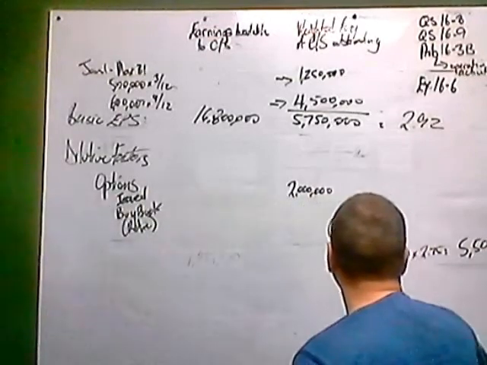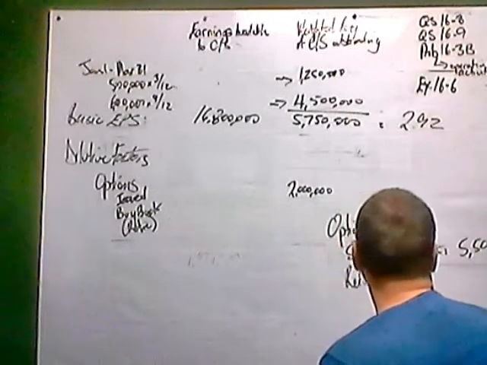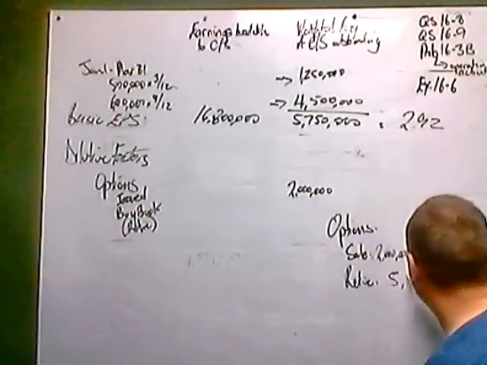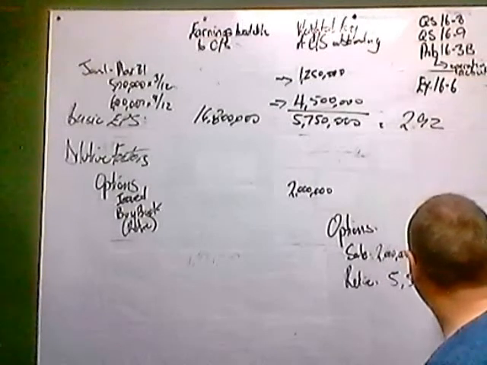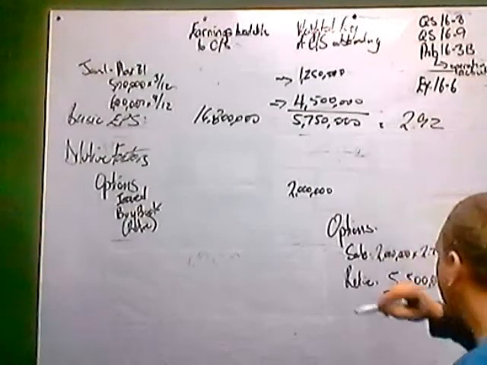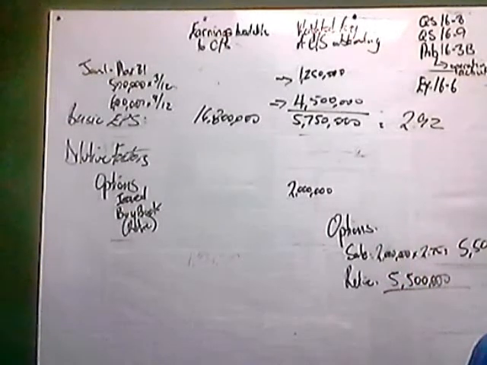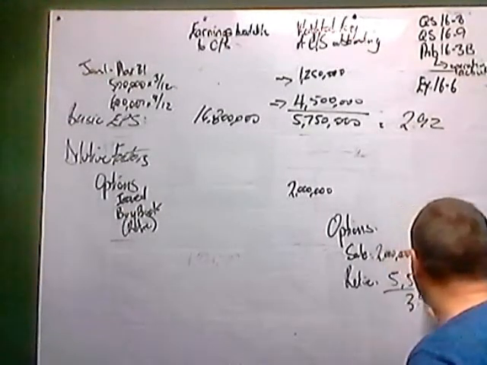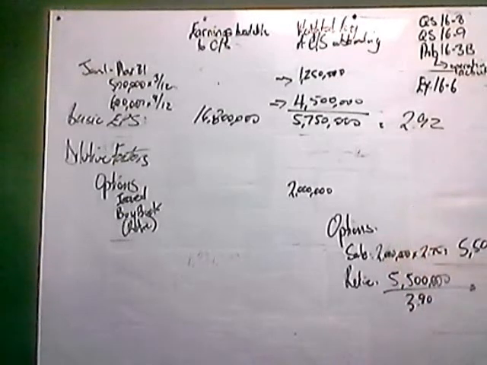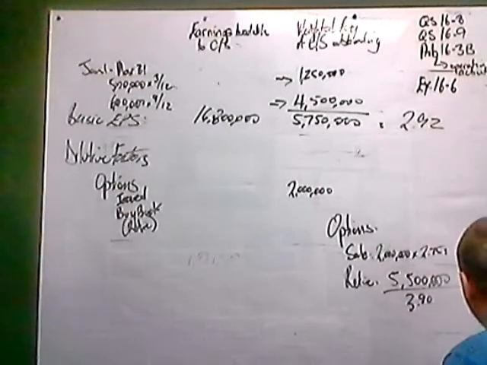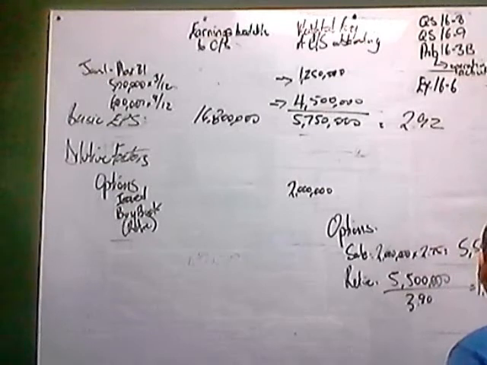From the $5,500,000 that we got from the sale of the options, we're going to go back on the open market. If the shares are currently trading at $3.90, we can buy on the open market, 5,500,000 dollars' worth of shares at $3.90 apiece, and that'll allow us to retire shares for a total of 1,410,000.